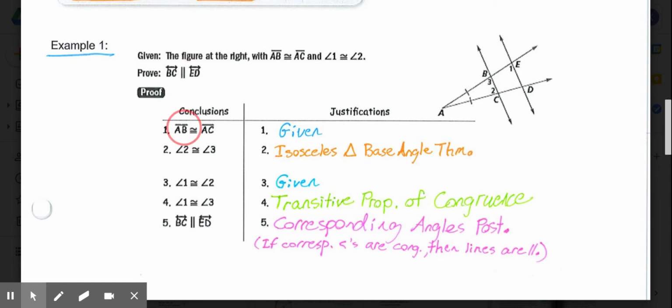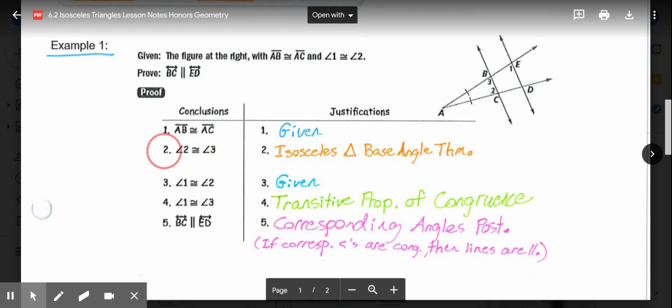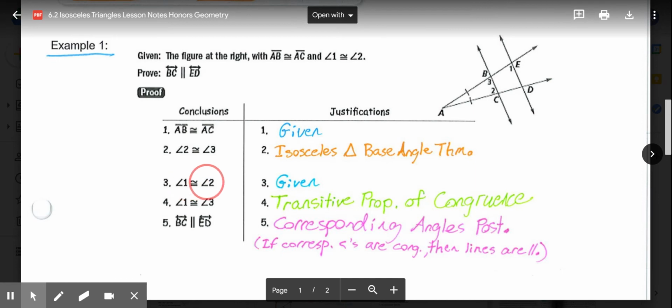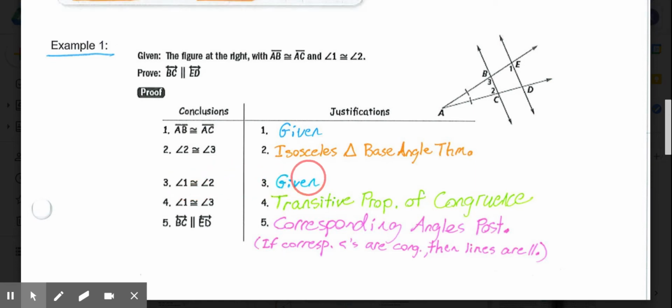First, AB congruent to AC was part of our given information. Angle 2 being congruent to angle 3 comes from the isosceles triangle base angles theorem, because triangle ABC is isosceles since these two sides are congruent, meaning angles 3 and 2, the base angles, are congruent. Then they gave us that angle 1 is congruent to angle 2, so that's given.